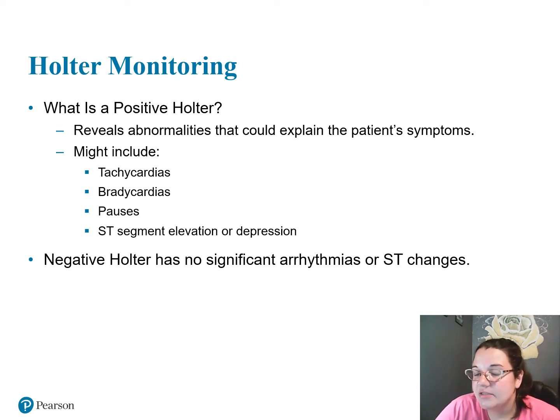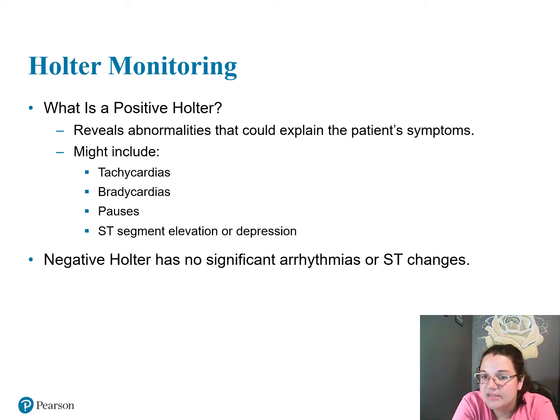So once we have a Holter monitor, what is a positive Holter? So just like our stress test, we're going to have what? A true positive or a false positive, right? So our positive Holter is going to reveal abnormalities that could explain the patient's symptoms. And notice this time they said abnormalities instead of arrhythmias.